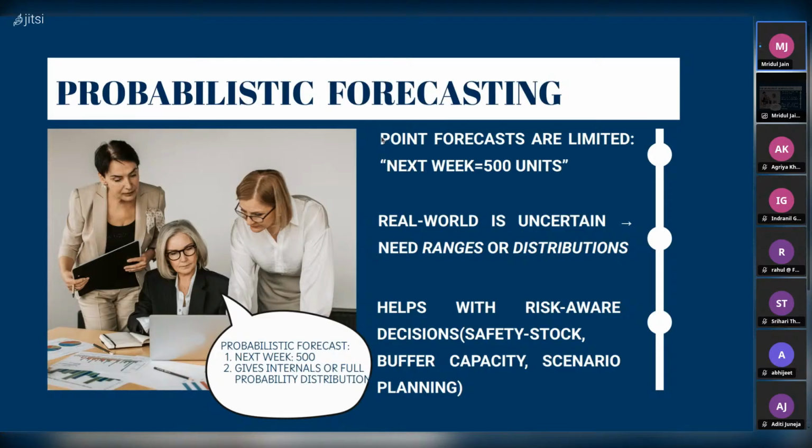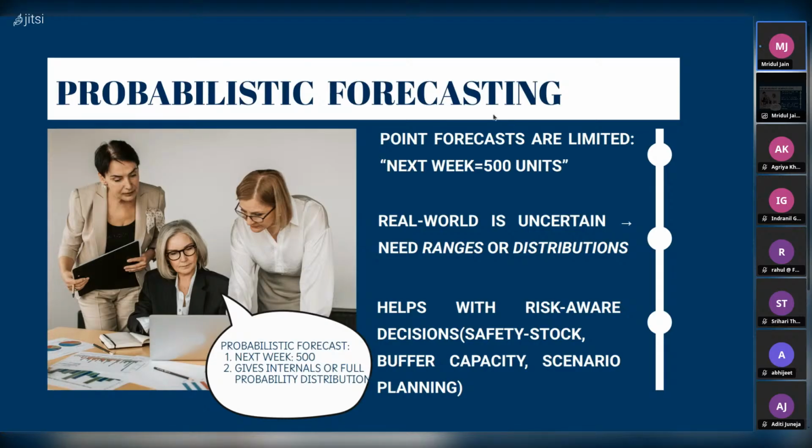predictions. So a better way to basically state this is like there is an X amount of percentage that we will be doing a Y units sales next month or next week. So that is the whole idea of probabilistic forecasting. You basically have probabilistic values as your answers, so that there is an idea of what number is most likely to be the target value in the next range.